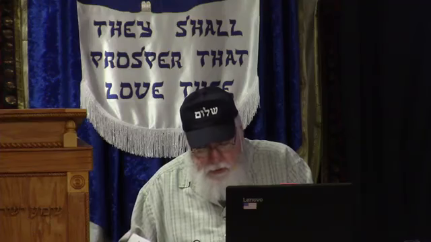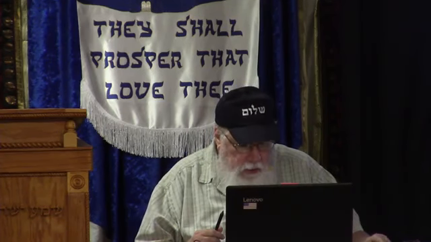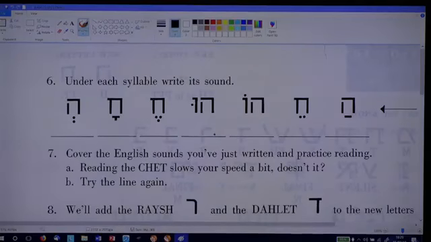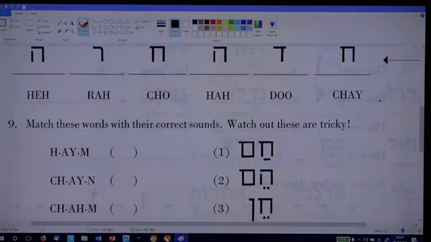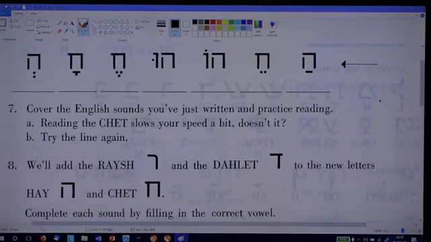So the best thing to do is to find some words. We're going to go to page 28. And at line 10, wait a minute.